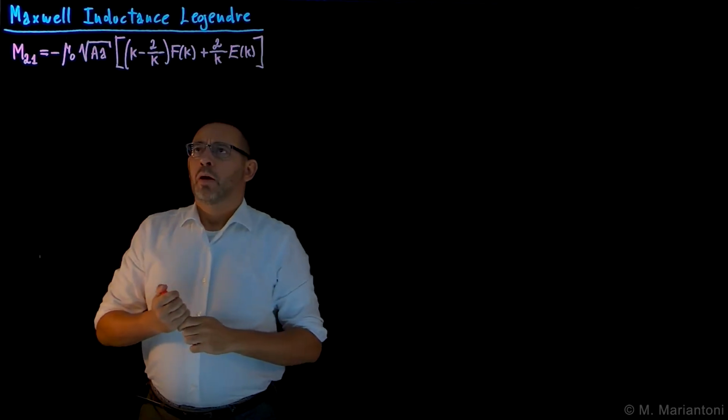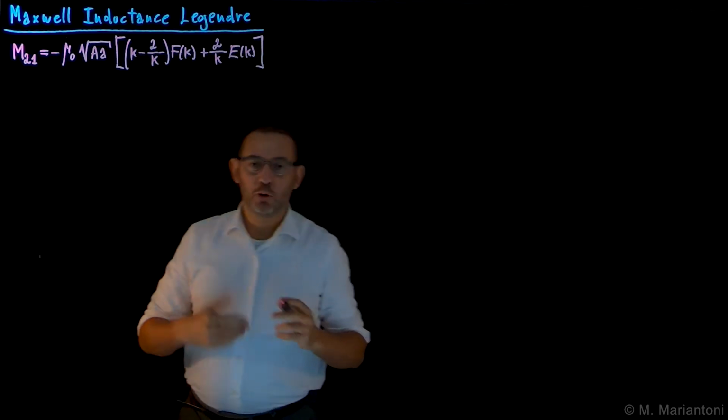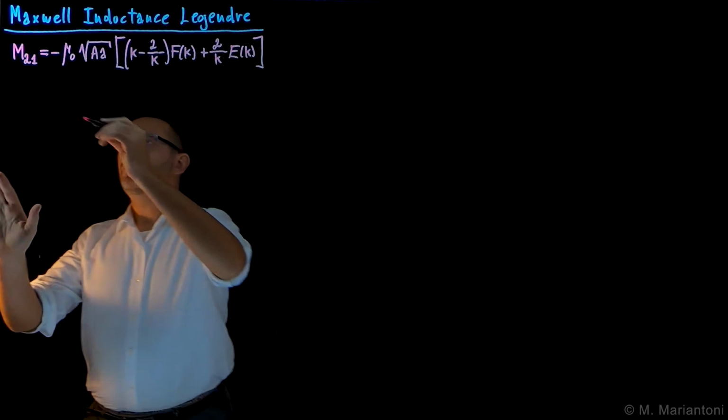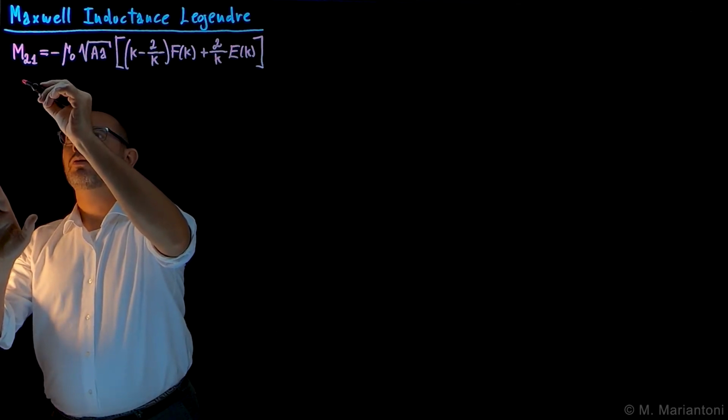All right. What are the elliptic integrals F of k and E of k? If you look them up on, let's say, Wolfram Alpha, you will find that they can be written as follows.